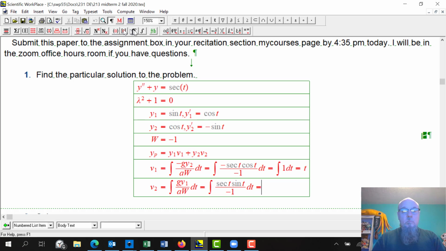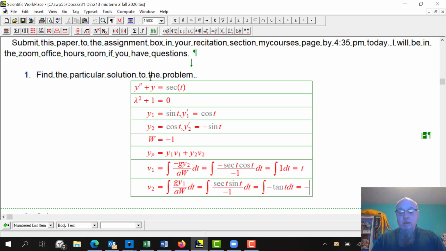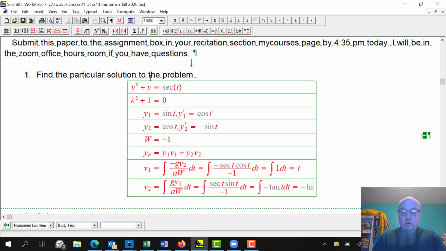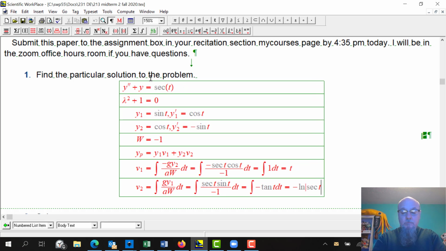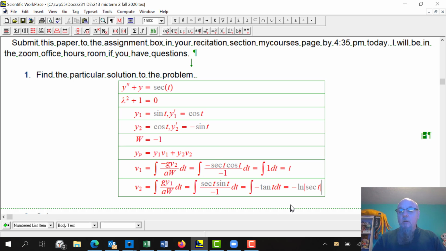So integrate minus tan t dt, which is going to be minus the ln of secant. Some people brought the minus inside, made it the ln of cosine. That's fine as well. I'm going to keep it as minus the ln of secant.